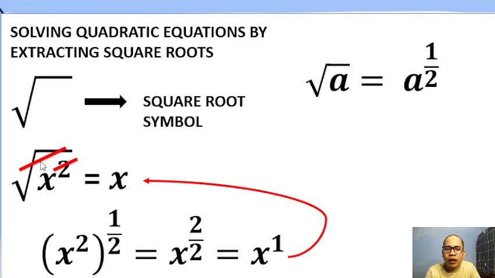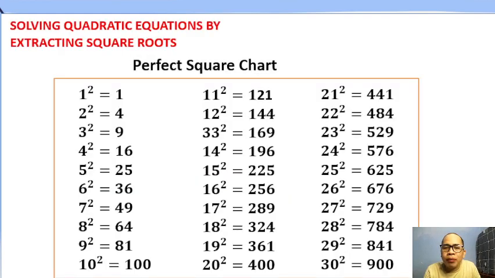Now, in this topic, it is also important to familiarize the perfect squares, or the numbers with perfect squares. I have here the perfect squares chart. Let's say, for example, we have 1 squared, meaning 1 times 1 is equal to 1. 2 squared, meaning 2 times 2 is equal to 4. 3 squared, meaning 3 times 3 is equal to 9, and so on and so forth.